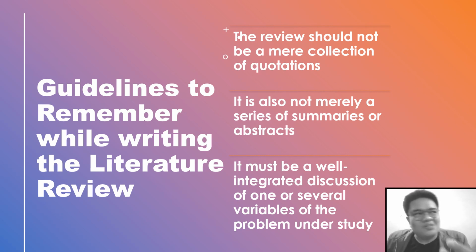Another way for you to discuss your review of related literature is to specify the respondents and the context when the study was conducted. Let's say, for example, talking about student engagement in online class. I can say, according to the study of Porque in 2020, it was found that students are minimally engaged in online classes.